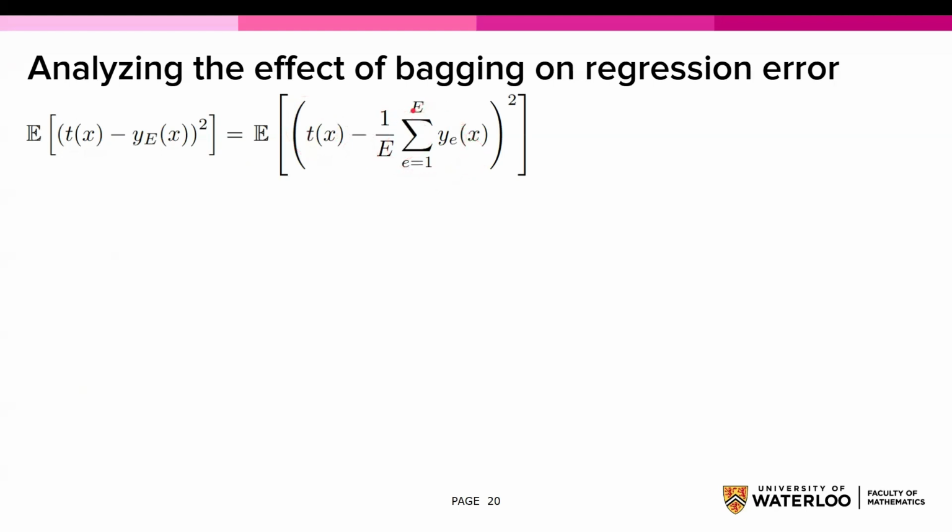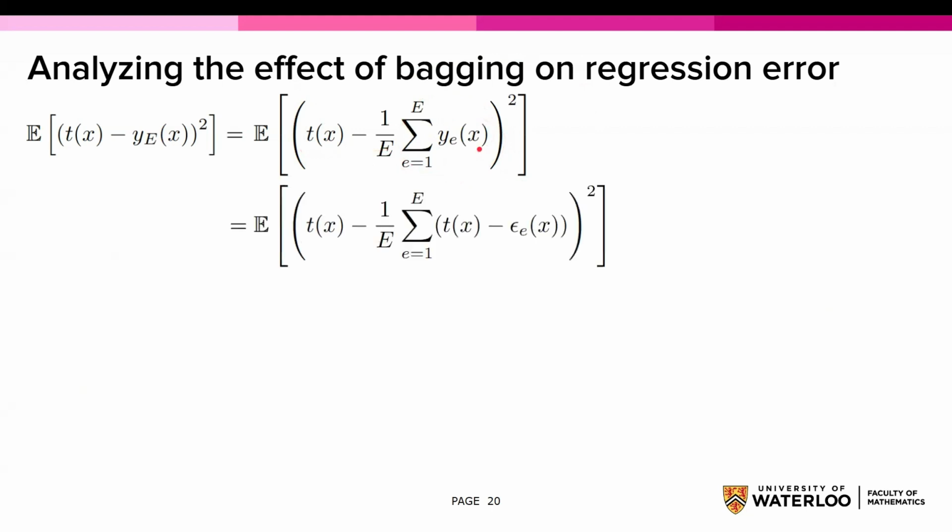Since the ensemble gives an average prediction over all the base models, we express the ensemble prediction as 1 over E times the sum of each of the individual model predictions, where big E is the number of models and y sub e is the prediction of the eth model. This means that we're looking at the expectation of the squared difference between the target value t(x) and the ensemble average.